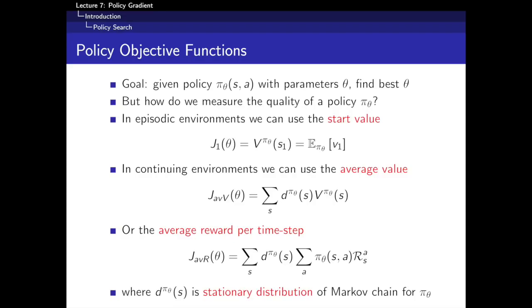So this is basically saying the objective is there's some probability that I'm in a state, there's some probability I'll take an action from that state under my policy, and this is the immediate reward that I'll get at that step. And what we care about is getting the most reward per time step. That's another way of saying extracting the most juice from my environment. I get the most reward per time step. This relates to the average reward formulation that was like an extra for lecture 2 that you find in the notes.